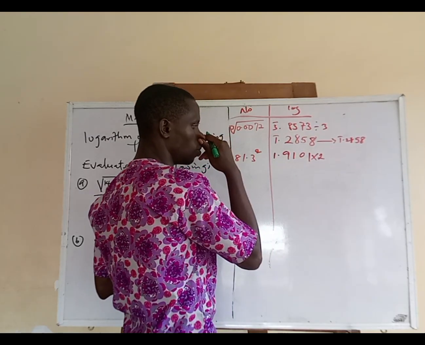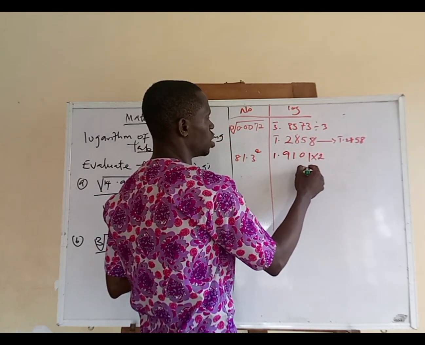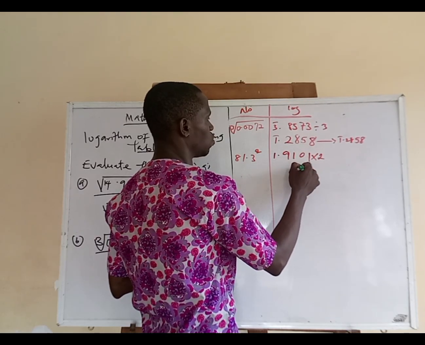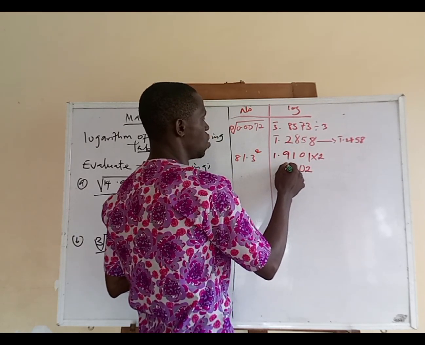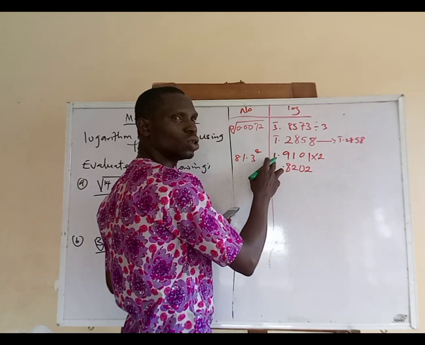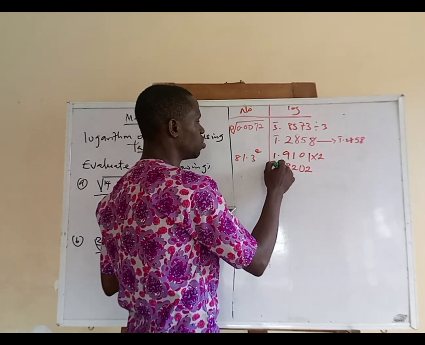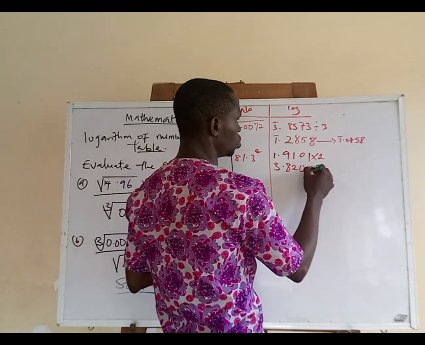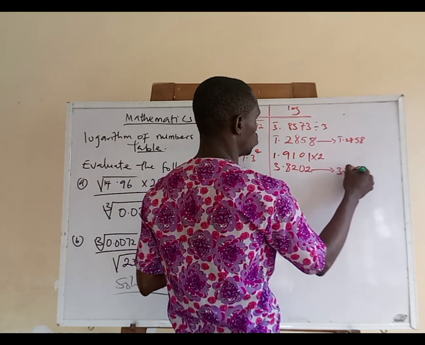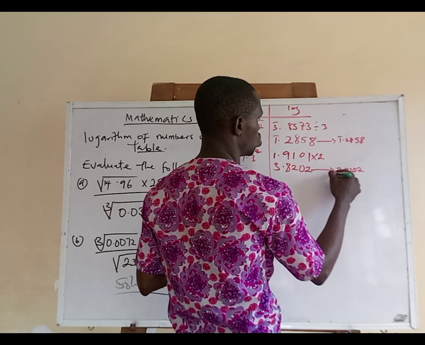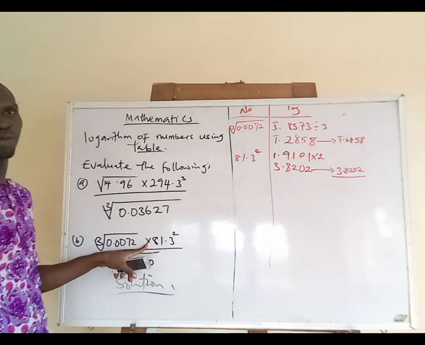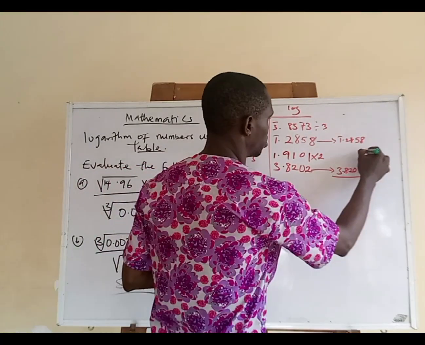This square will make us multiply by 2. So by the time you multiply by 2, 2 times 1 you have 2, 2 times 0 you have 0, 2 times 1 you have 2, 2 times 9 you have 18. You keep 1, then 2 times 1, you have 2 plus 1 that you kept, that is 3. So you draw out your arrow, you write it under it, 8202. So because of the sign in between, that is plus, so we are adding.